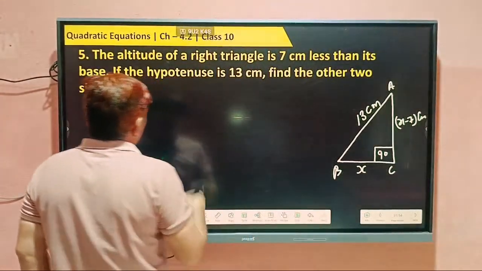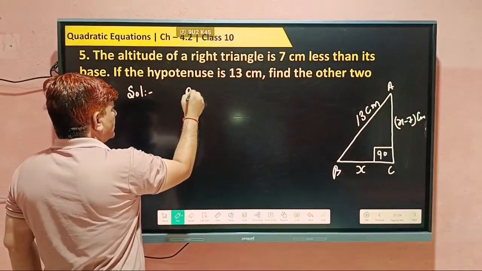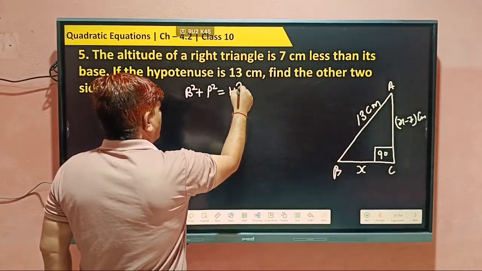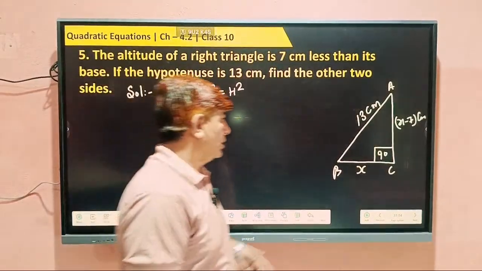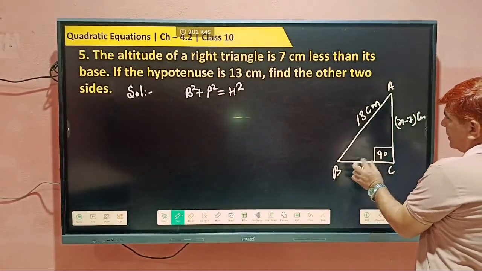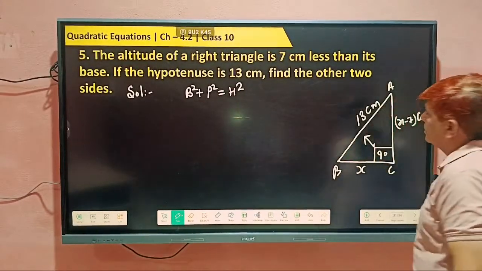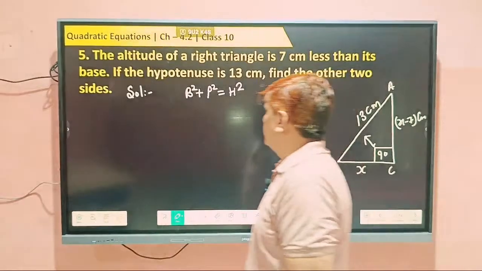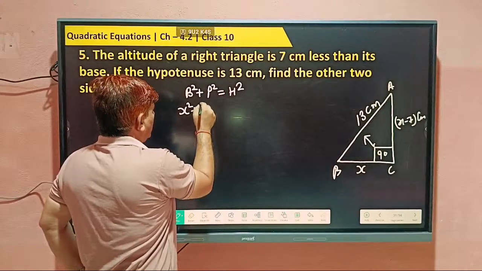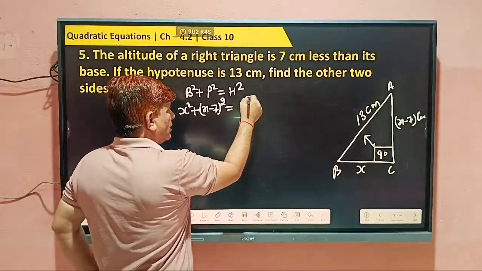And it is a right angle triangle. So by Pythagoras theorem, what can we say? Base square plus perpendicular square is equal to hypotenuse square. Which is the base? This is the base, because the 90 degree angle is formed here and this is its altitude. And opposite to this angle is always the hypotenuse. So we can easily solve. x square plus (x minus 7) whole square is equal to 13 square.